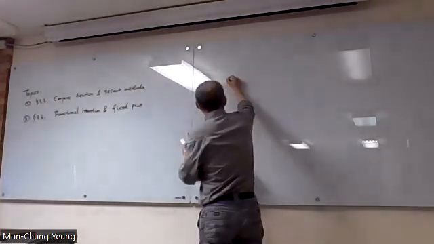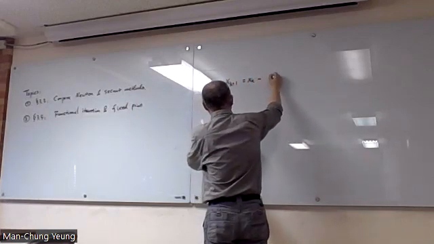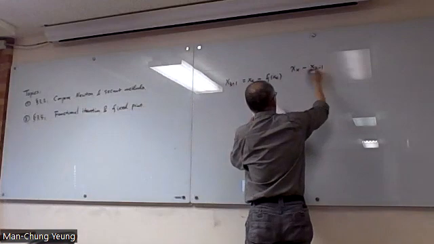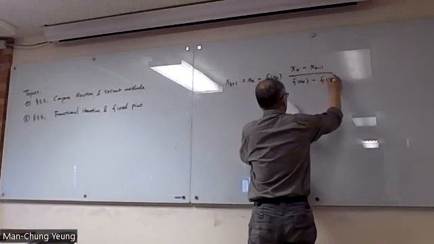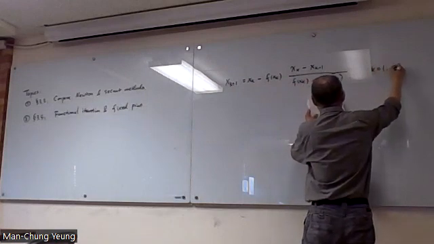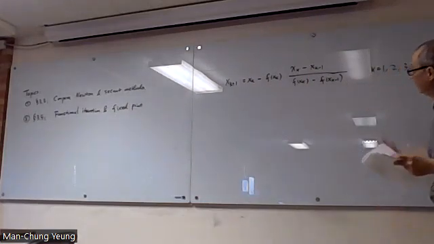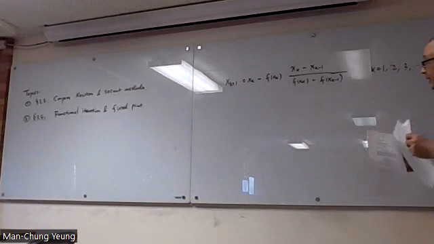This formula is the secant iteration, k starting with 1. Secant method, how fast? I want to give the convergence rate, but we need some assumptions.